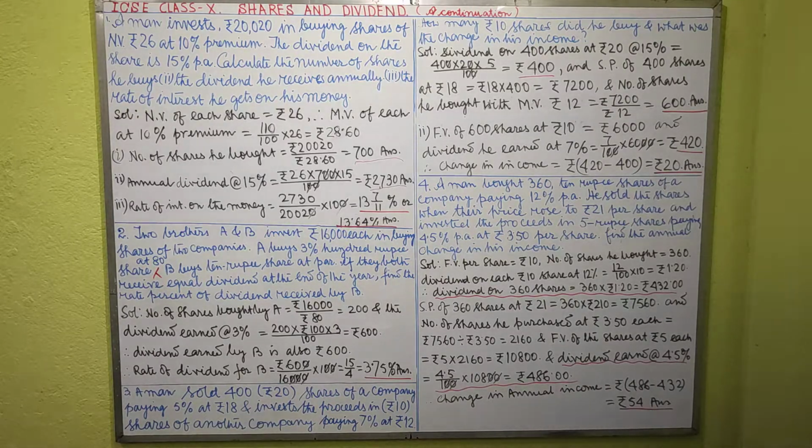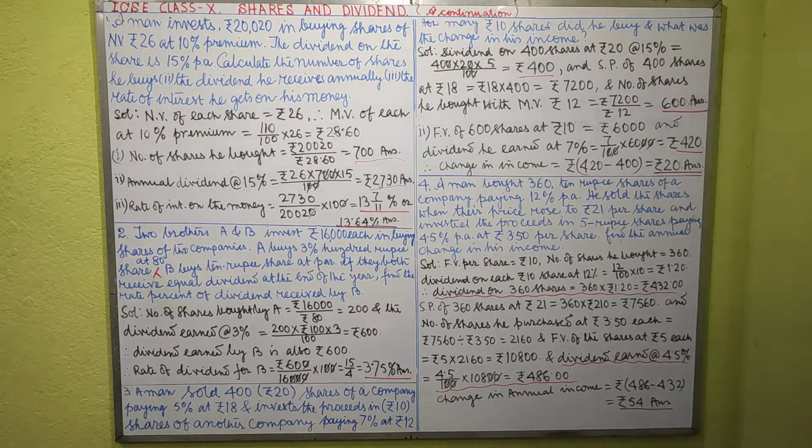The solution is that the number of shares bought by A equals total investment by cost of each share, which is 200. And dividend earned at 3% is 200 into 100, because the nominal value of each share is rupees 100, into 3 by 100, that is rupees 600.